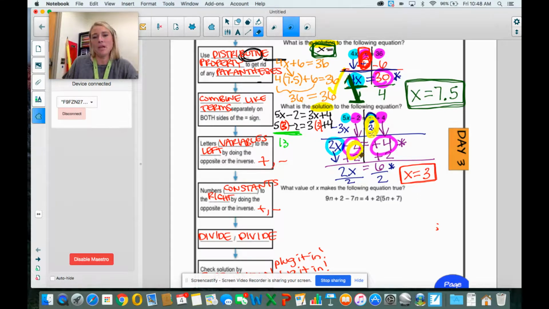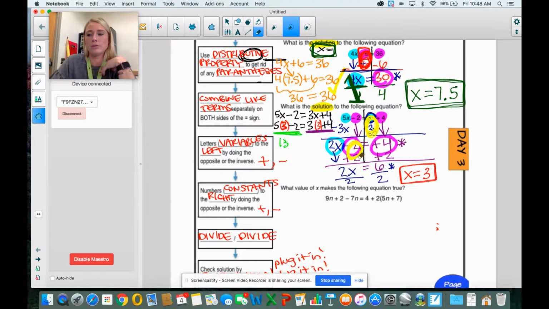Now we're going to do the other side separately. So now I want you to plug in this side, this 3 parentheses 3 plus 4. Again, you would put that in your calculator exactly like you see it.